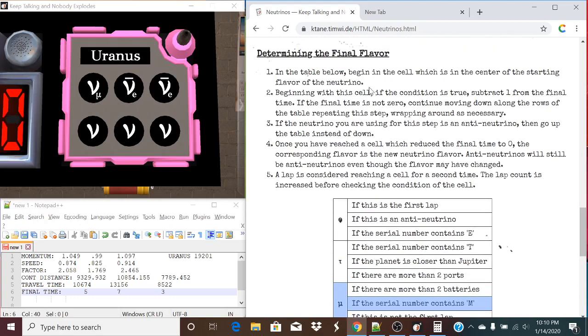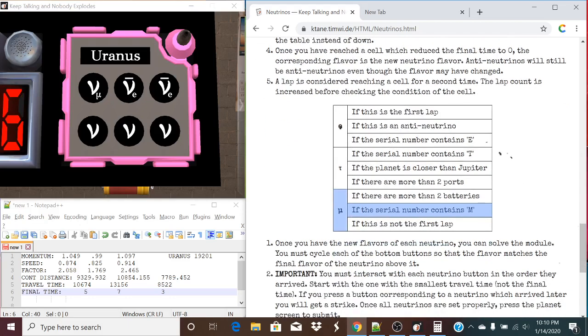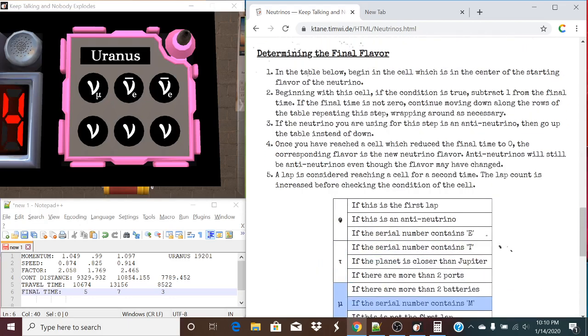Beginning with this cell, if this condition is true, subtract 1 from your final time in the table. If the final time is not 0, continue moving down along the rows of the repeated table, repeating the step and wrapping around if necessary. However, this rule applies: if the neutrino you are using for this step is an antineutrino, then go up the table instead of down.